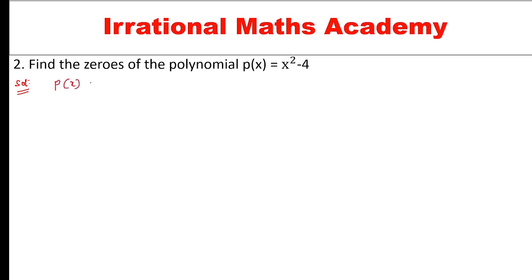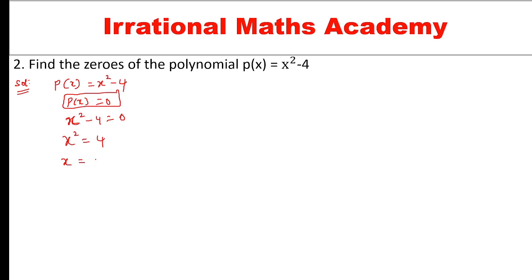P of x equal to x square minus 4. To get the zeros of the polynomial, what we'll do? We'll equate this polynomial to 0. So x square minus 4 equal to 0. x square equal to 4. x equal to, see here, square is there, right?